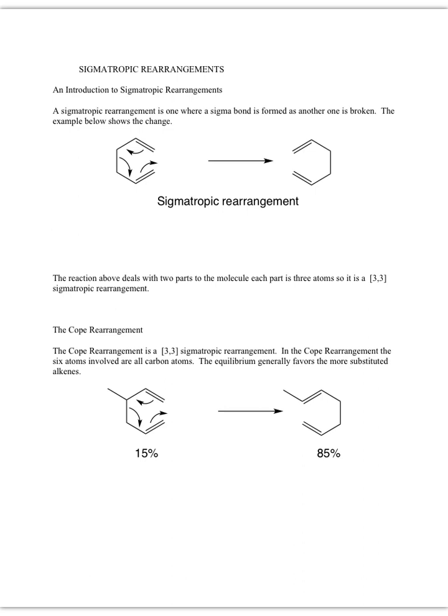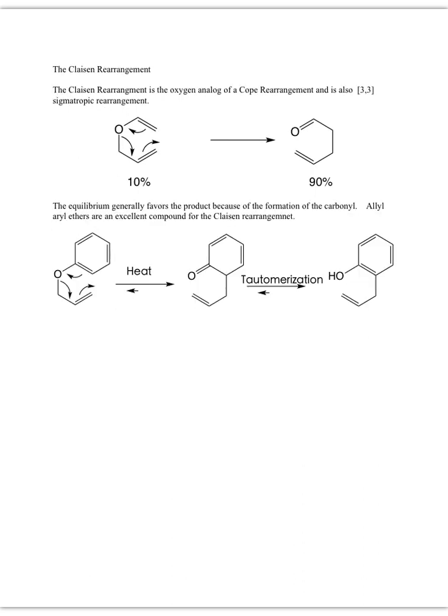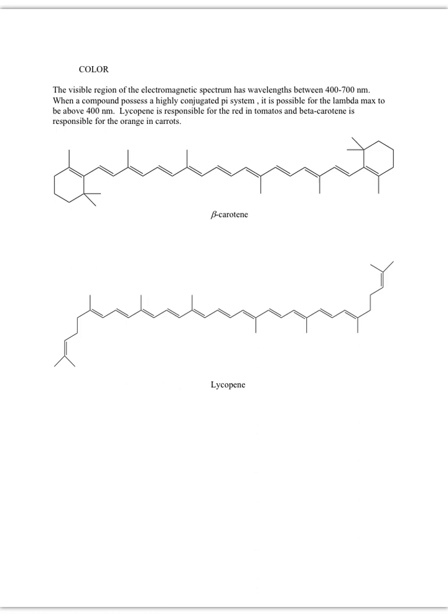So read through the sigmatropic rearrangements, the Claisen rearrangement, and then the color of the different compounds. Most organic things are clear, colorless if they're liquid, or if they're solid, they're white. If it has a long hydrocarbon chain with alternating single and double bonds, if it's long enough, it'll move into the visible region of the electromagnetic spectrum.